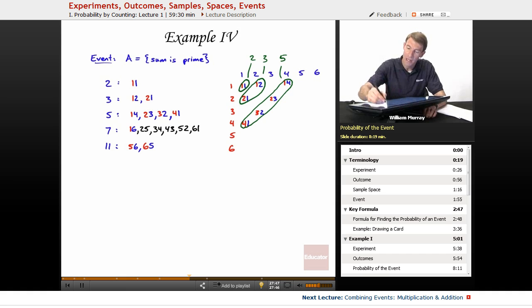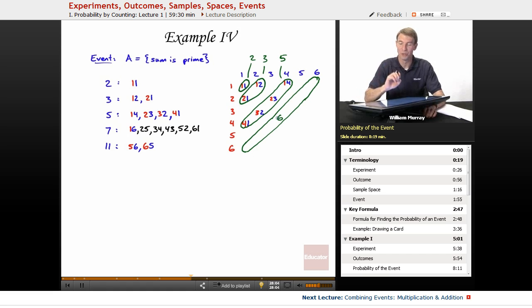To get a 7, again, you're going to get a diagonal stripe on the table 2 places below. So you're going to get 6 outcomes across this diagonal stripe, all the ways where the red and the blue can add up to 6. And finally, to get 11, you can get a red 6, blue 5, or a red 5, blue 6.